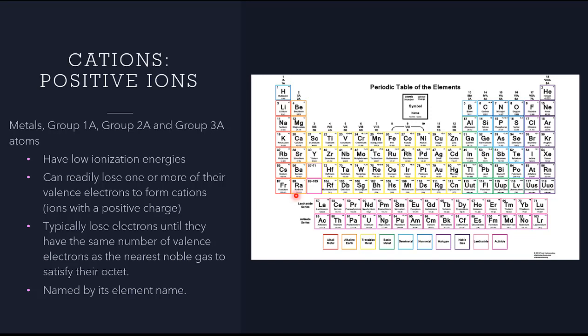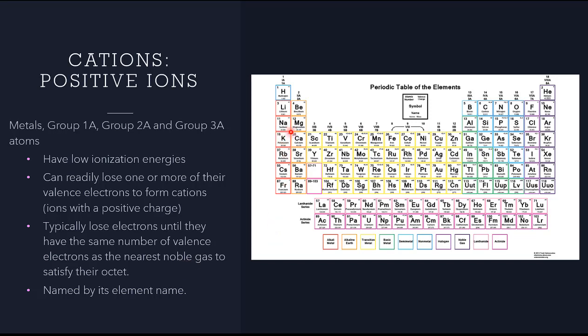So 1A, 2A, and the 3A metals, not the nonmetals, are all going to likely form positive cations, meaning they're going to lose electrons. And this is because, if you recall, when we were talking about periodic trends, they have very low ionization energies, meaning they can readily lose one or more of their valence electrons to form the cation, or the positive charged ion. They typically are going to lose electrons until they have the same number of valence electrons as their nearest noble gas to satisfy their octet.